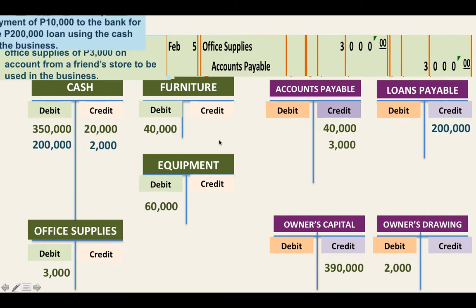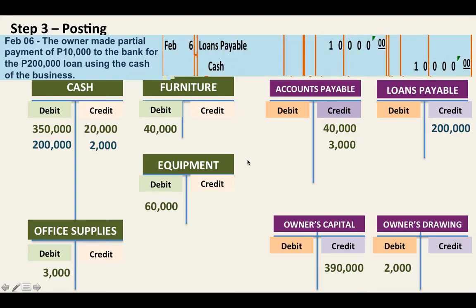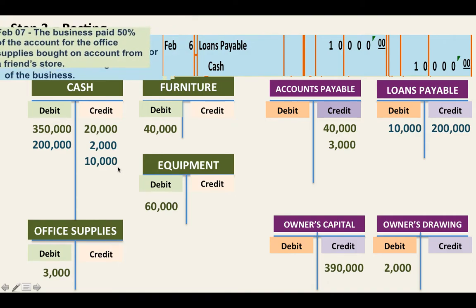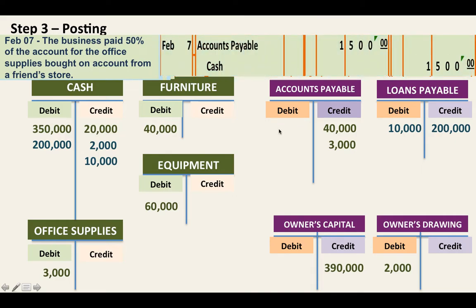Okay, February 6, this is the entry. So loans payable is debit here, and then cash credit by 10,000. February 7, and this is the entry on February 7, debit accounts payable, so 1,005 here, and cash 1,005 here. So that is posting.